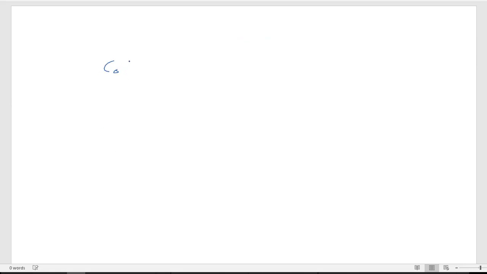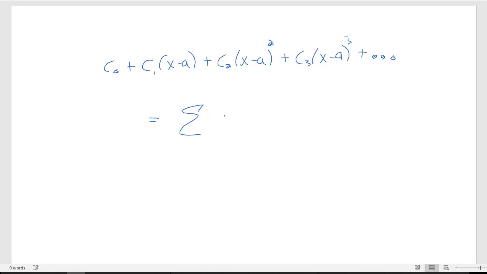We have c sub 0 plus c1 times (x minus a) to the first, plus c2 times (x minus a) squared, plus c3 times (x minus a) cubed, plus so on and so forth. So this, in an even more general form, are the coefficients that we have, and then (x minus a) to powers. Now in the prior general form we wrote, really the a number was 0.